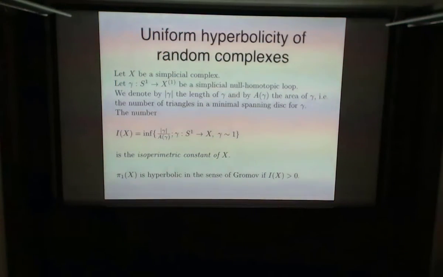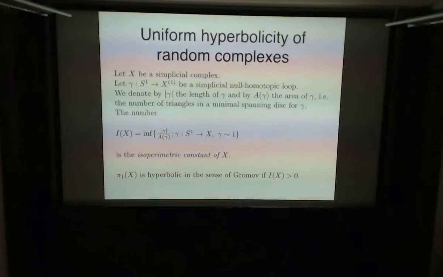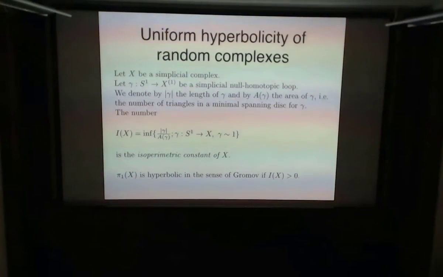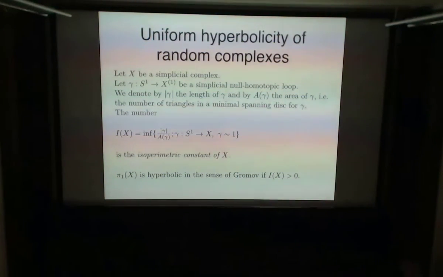We want to avoid the situation when a short loop bounds a very big minimal disk. We want to avoid the situation when, to show that a loop is null-homotopic, you need to produce a very large disk.